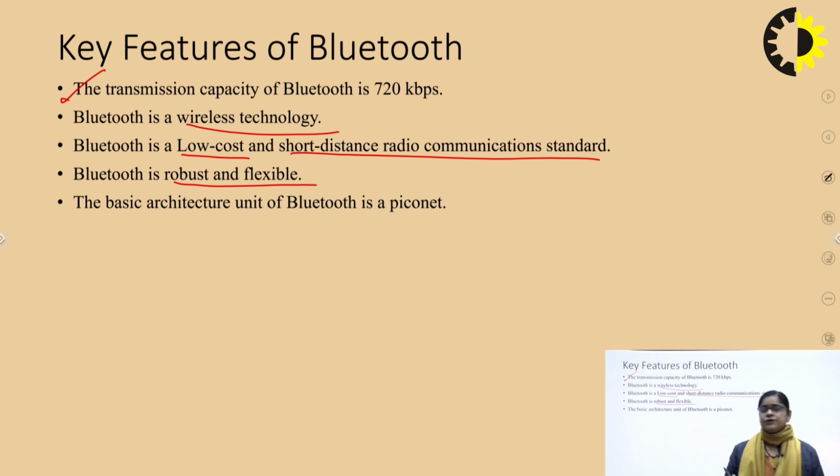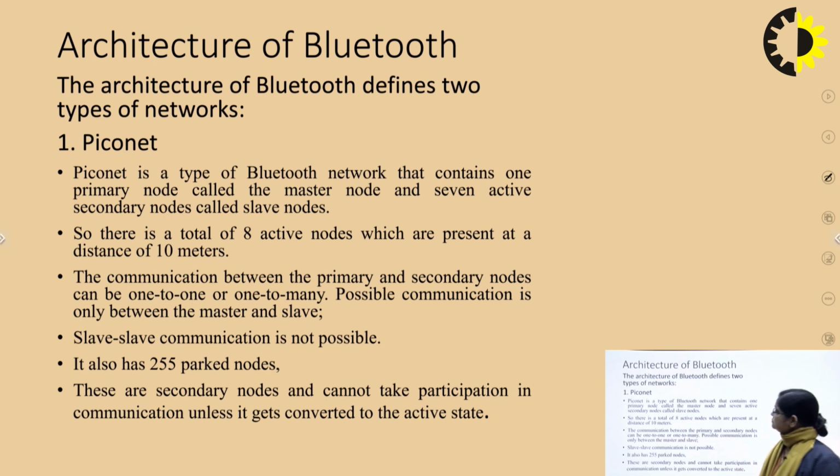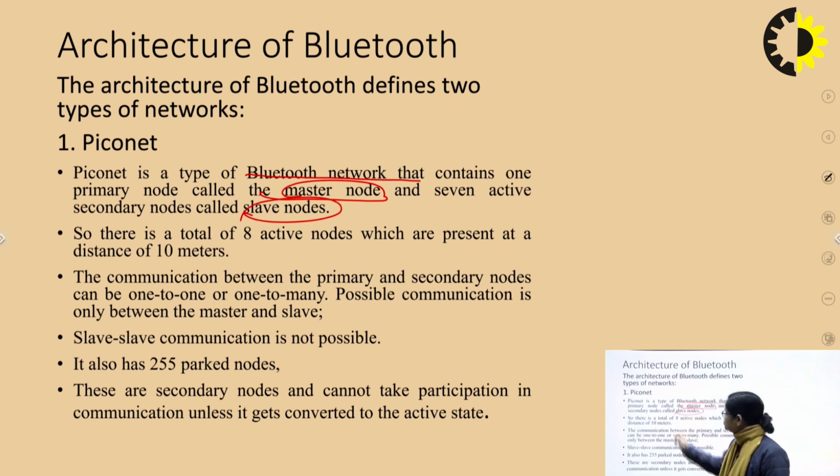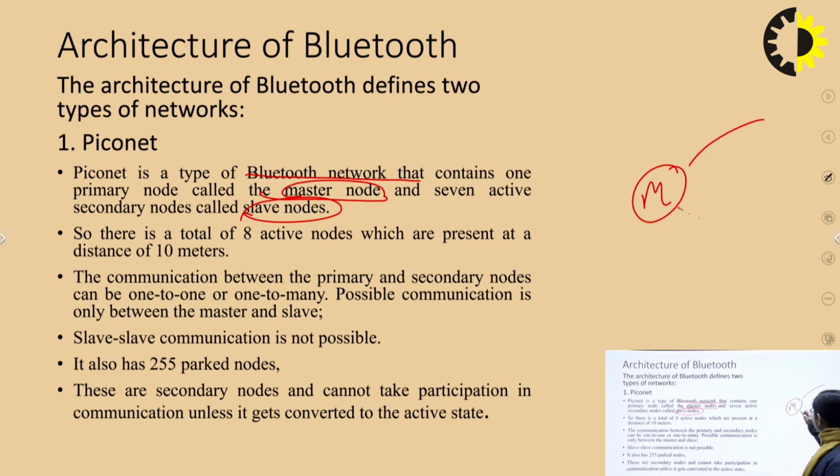Now, when we are discussing the architecture of Bluetooth, the basic unit is the piconet. A piconet is a type of Bluetooth network that contains one primary node, called the master node, and the other nodes are called slave nodes. So one is a master, and the other devices are connected to it.